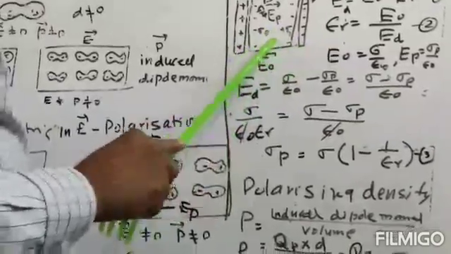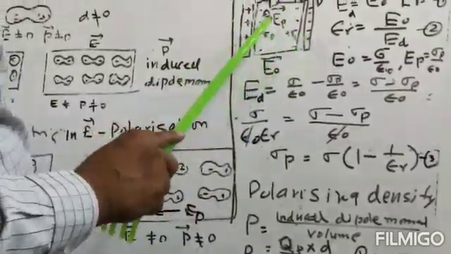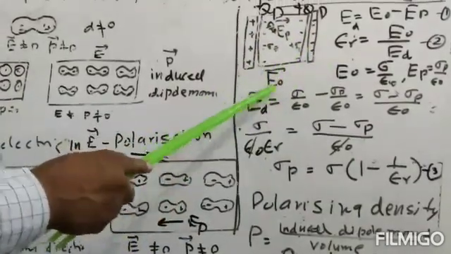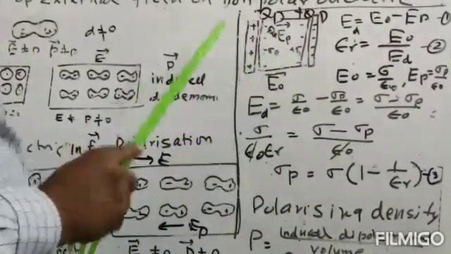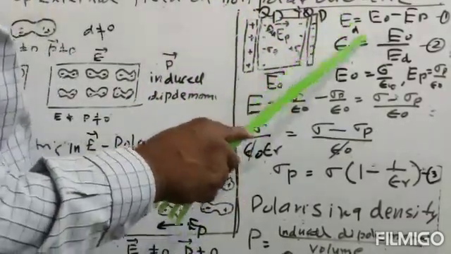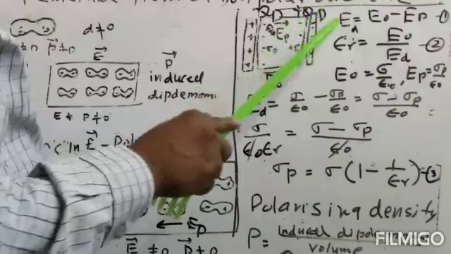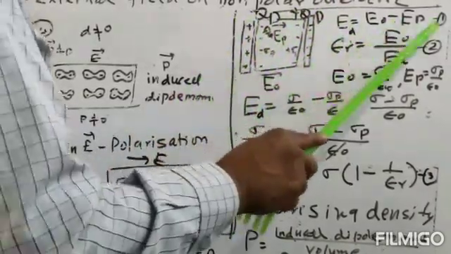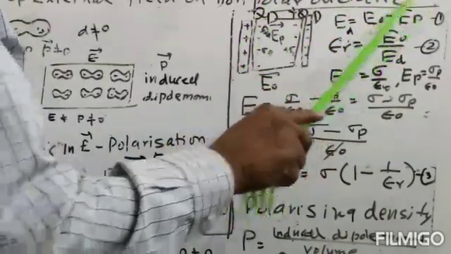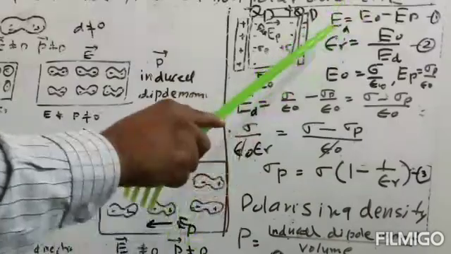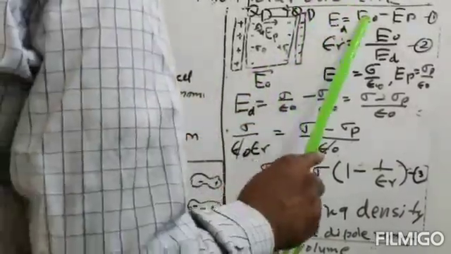So the electric field due to polarization, EP, will be in the direction opposite to the external electric field. So the net electric field in the dielectric, I write ED, will be equal to E0 minus EP. The value of EP is much smaller than E0, so the direction of ED will be the same as the direction of E0.